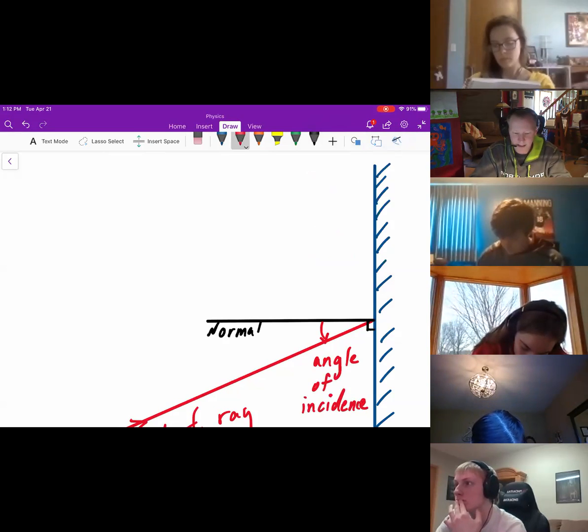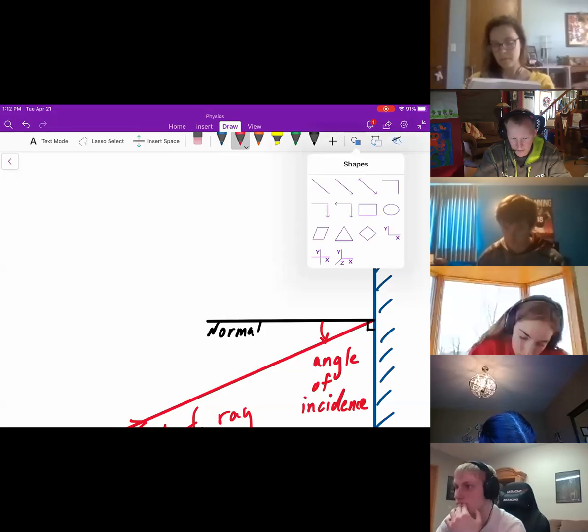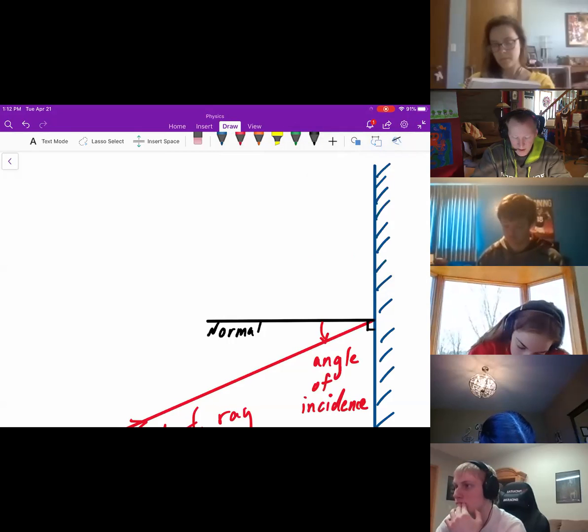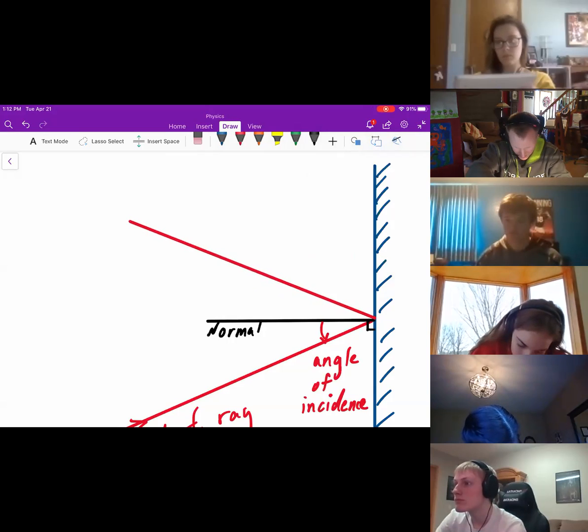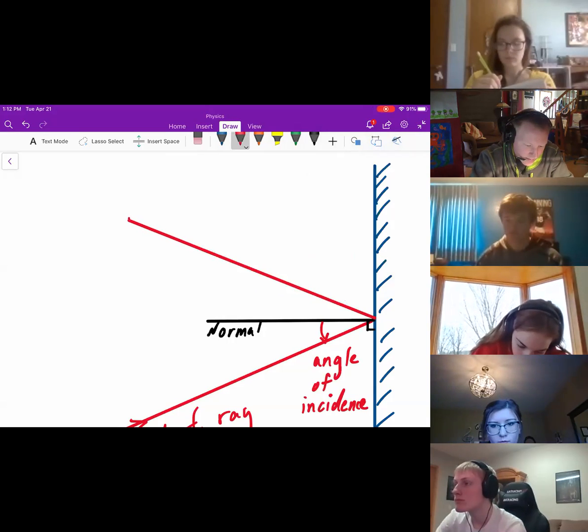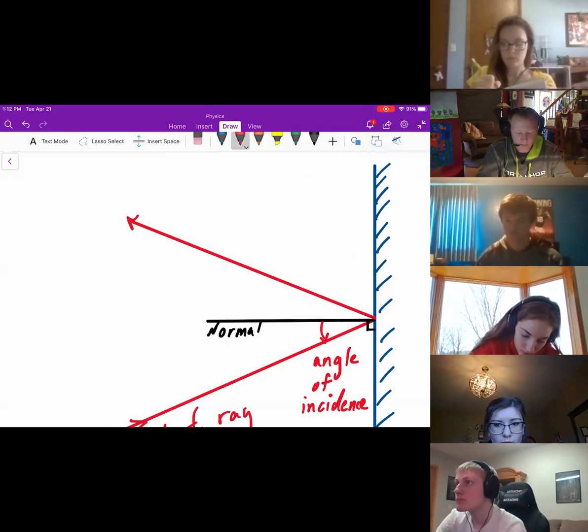And what the law says, and this is going to be particularly hard for me to draw out, is that as a ray comes in, it's going to be reflected at the exact same angle measured from the normal, but on the other side of the normal. So I'm going to do my best. It's pretty good. That will be our reflected ray.